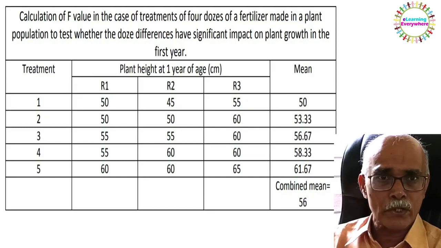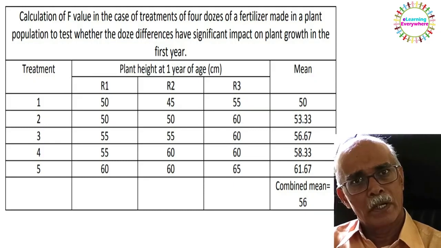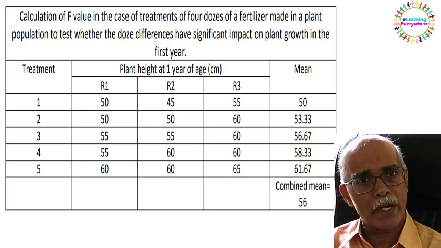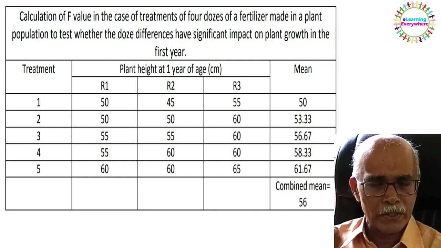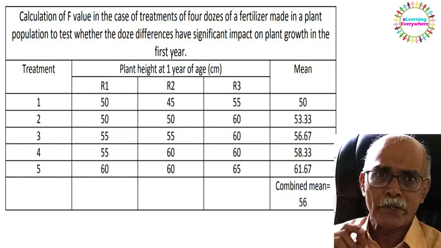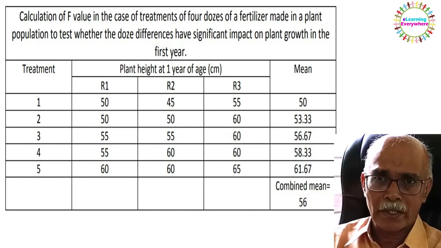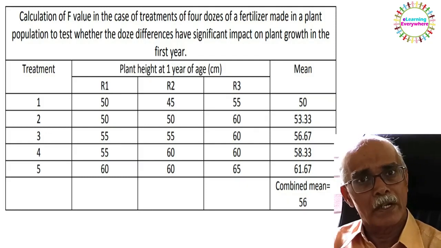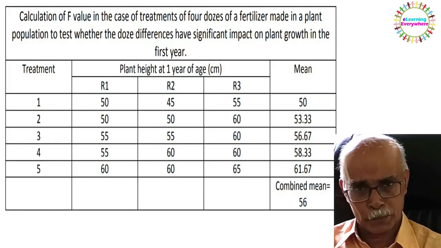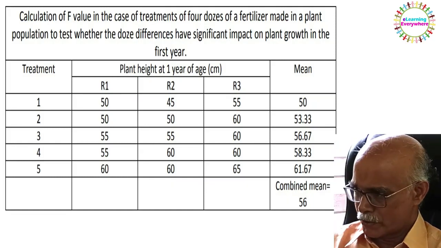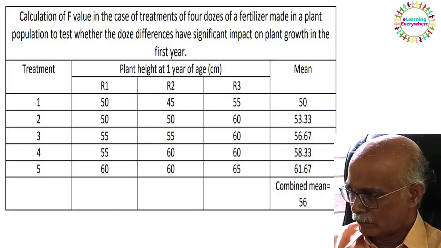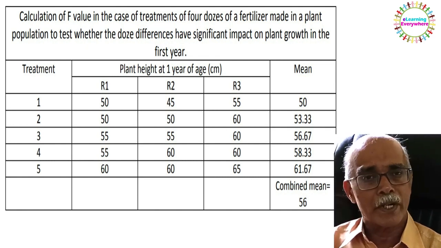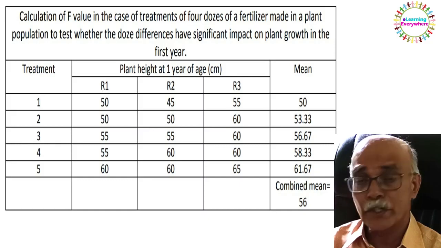You see, a higher dose of a fertilizer means higher cost involved. So you have to decide what is the optimum dose needed so that there is good yield without very high expenditure. So for the purpose, you are testing whether there is any difference between the treatments.